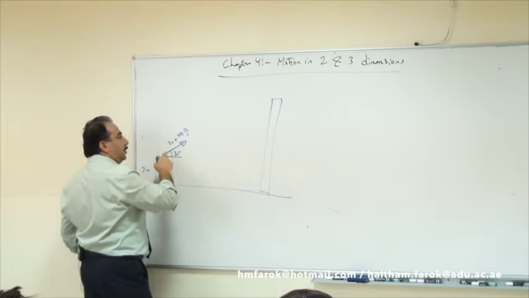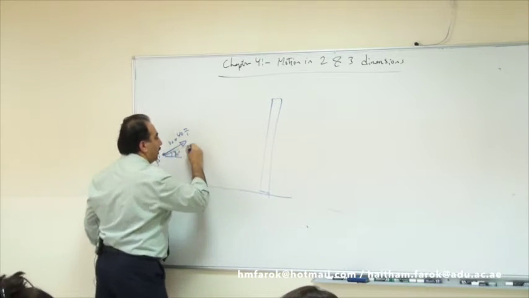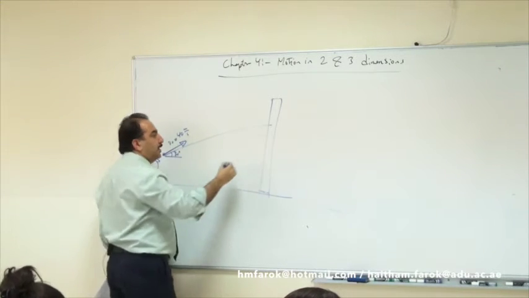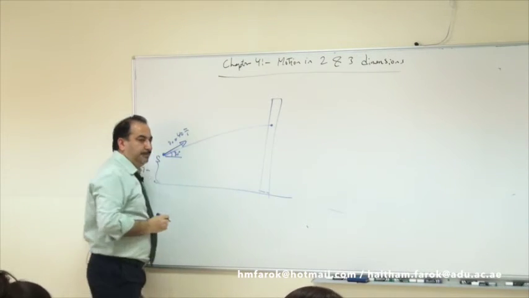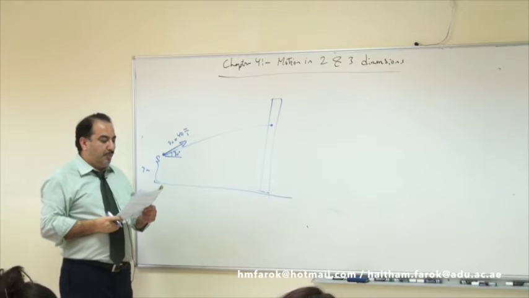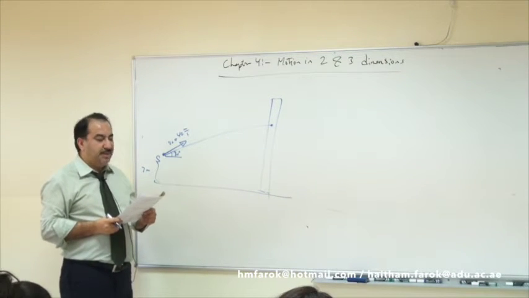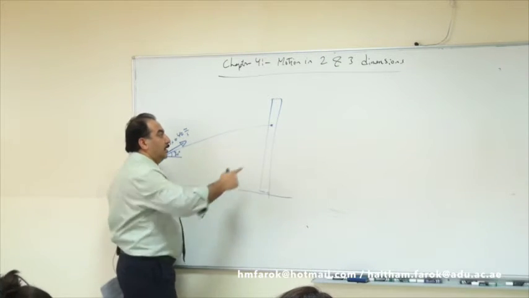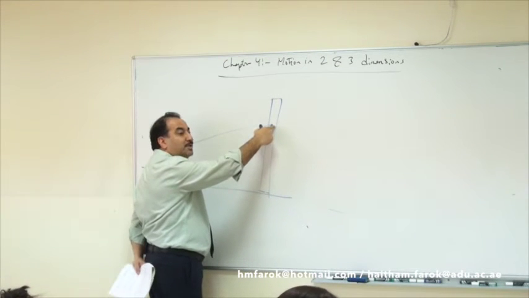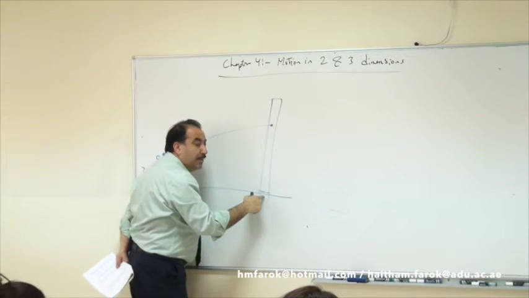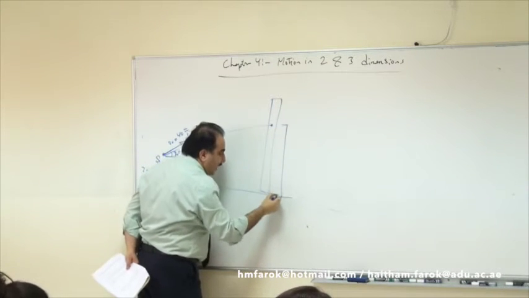So what happens? It will not go straight. It's a projectile. It hits the wall here. What's the question? At what height above the ground does it hit the wall? But measured from where? From the ground. So we need this h.